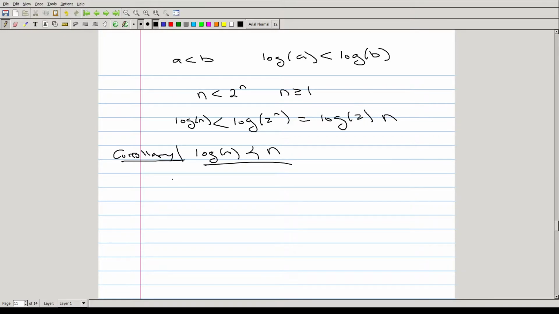This is with witnesses k equals 1 and c equals log of 2, where 2 is the base of the logarithm. So this is very, very cool.